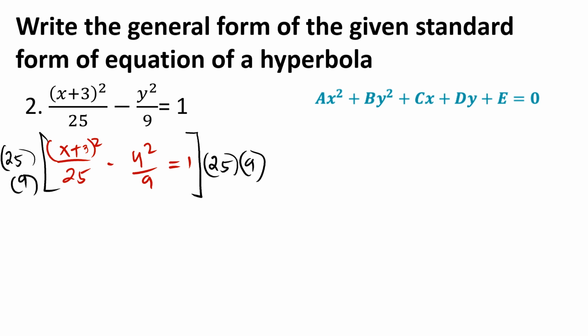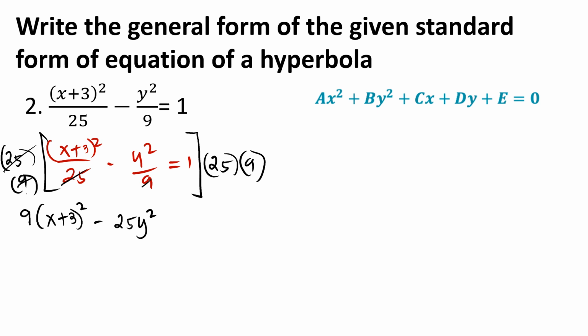So for this, 25 and 9 times the x plus 3 squared over 25. So the 25 will be cancelled. The remaining will be 9, and that will be multiplied to x plus 3 squared. The 25 and 9 will be multiplied to the second fraction, so the 9 will be cancelled. The remaining will be 25.